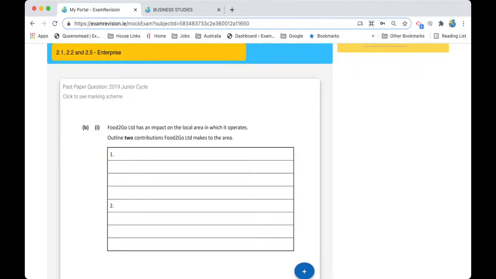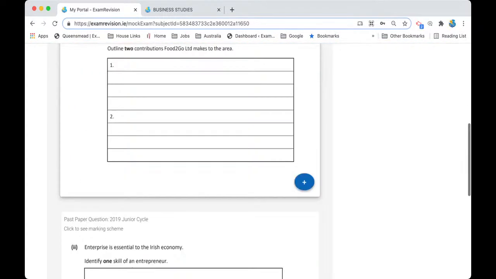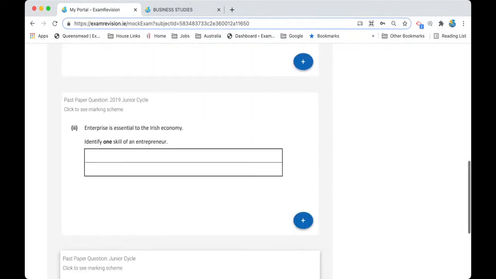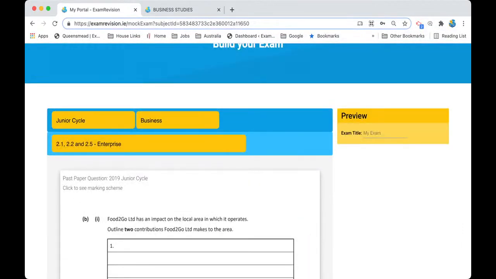But just on the 2019 paper, we can see these are the questions that popped up on enterprise. If you want to see the type of stuff that comes up, it's very easy to do that on our site, and you can use those to assist your revision maybe after watching the video.